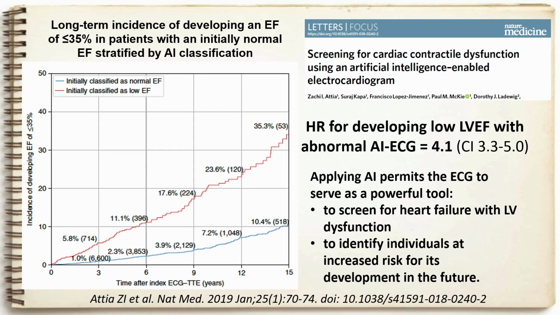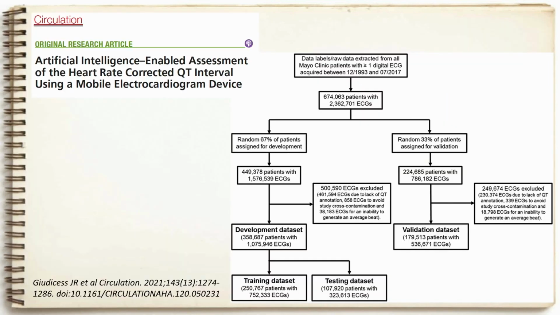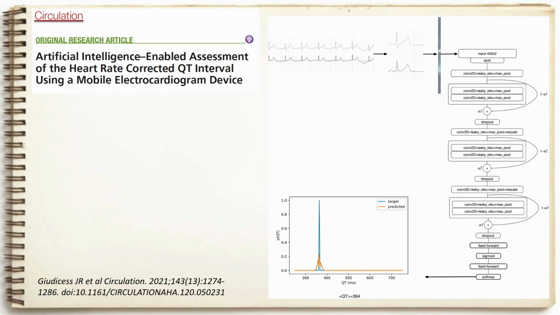This is again the paper and the results, the curves showing that we can identify patients who will, in a time horizon of about 12 to 15 years, develop low ejection fraction with a high probability. QT interval measurement is clinically also not always very easy, especially because it's a very variable parameter which comes and vanishes with time in the same patient.